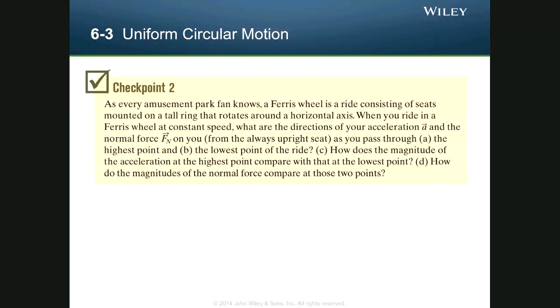When you ride in a Ferris wheel at constant speed, it wants to know the directions of the acceleration and normal force on you from the always upright seat as you pass through A, the highest point, and B, the lowest point of the ride. Then it wants to know how the magnitude of the acceleration at the highest point compares with the acceleration at the lowest point, and how the magnitudes of the normal force compare at those two points. There's a lot of word vomit there, so be careful.